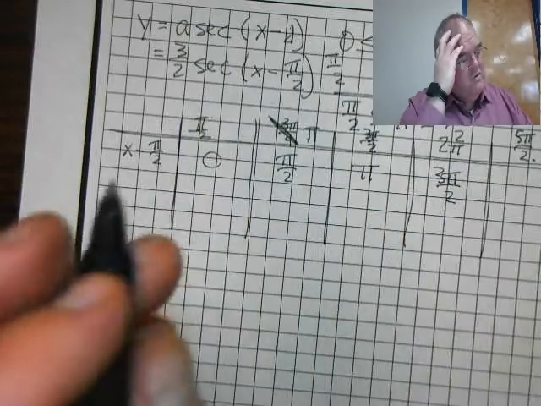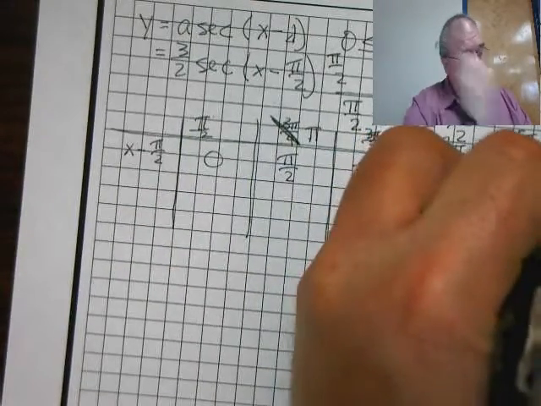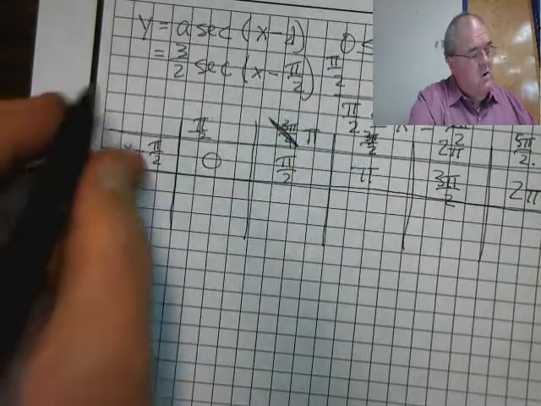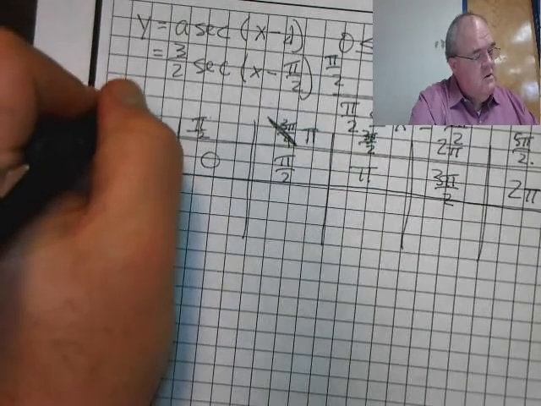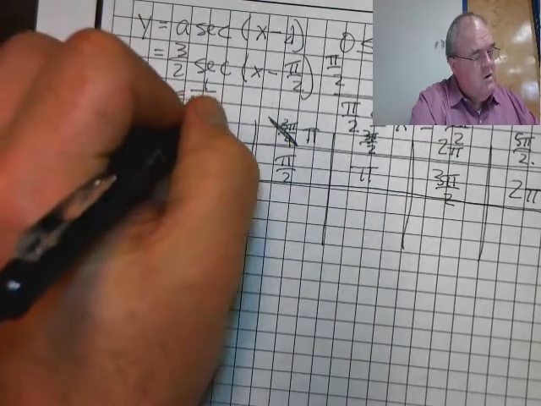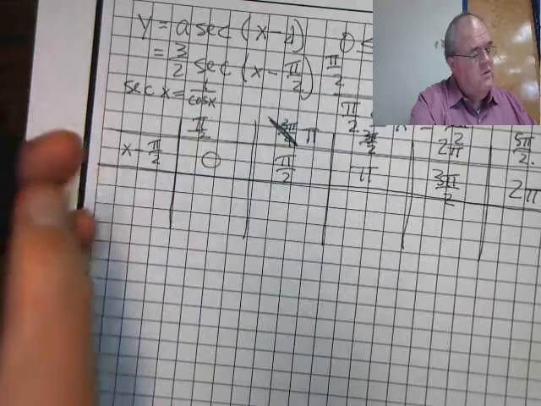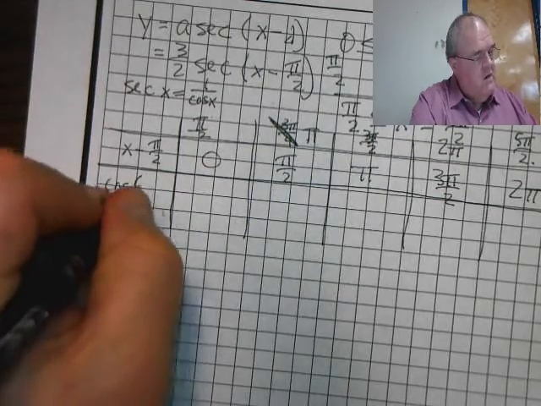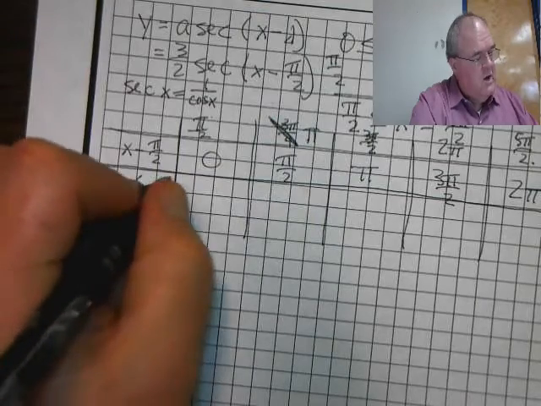And 5 pi over 2 minus pi over 2 is 2 pi. So secant of x is 1 over cosine x. So I'm going to use cosine. So I'm going to say the cosine of x minus pi over 2.